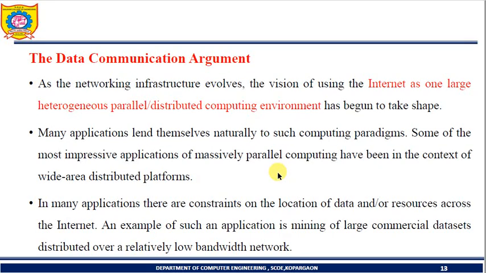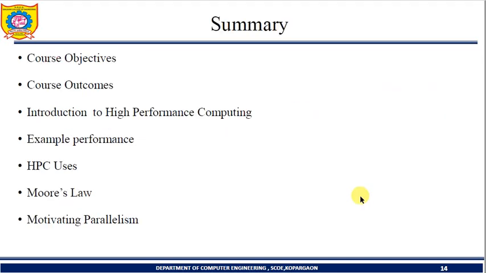By using the data communication argument, we can combine these different resources to get the application executed, so that the computational capability of different devices, even if available at different locations, can be used to solve the problem. So these are the different points we have discussed.